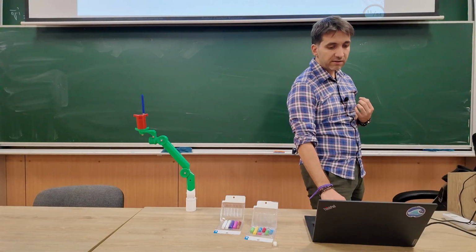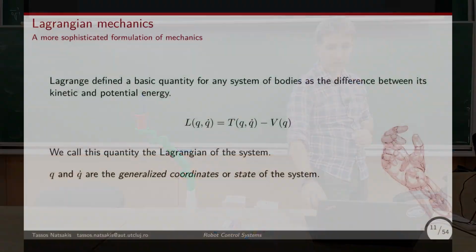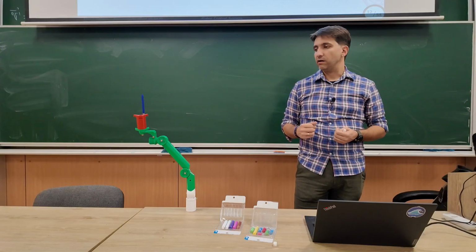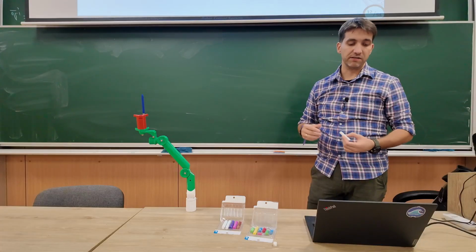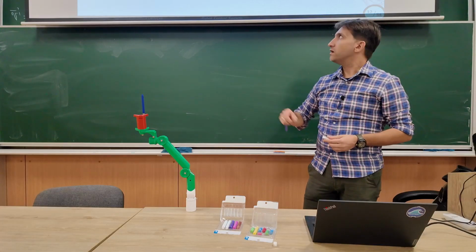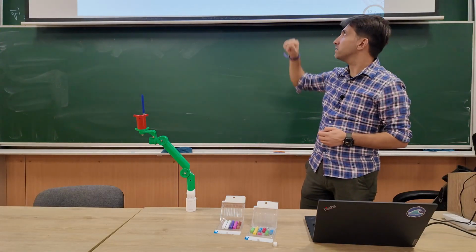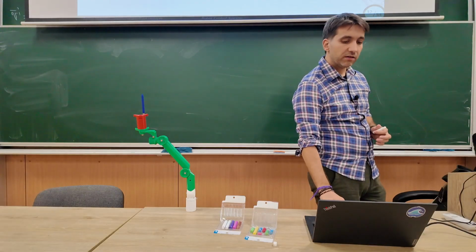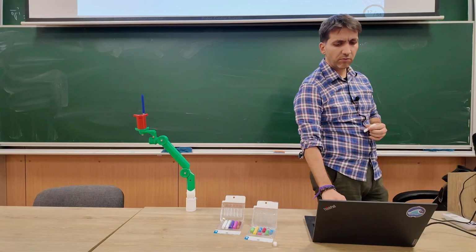If we have defined this quantity for any system, regardless of robots, we can describe the evolution of the system over time under given inputs by deriving this Lagrangian with the derivatives of the states and time. Basically, we have this complicated-looking derivation that we will break down, and you'll see that it's not that complicated.